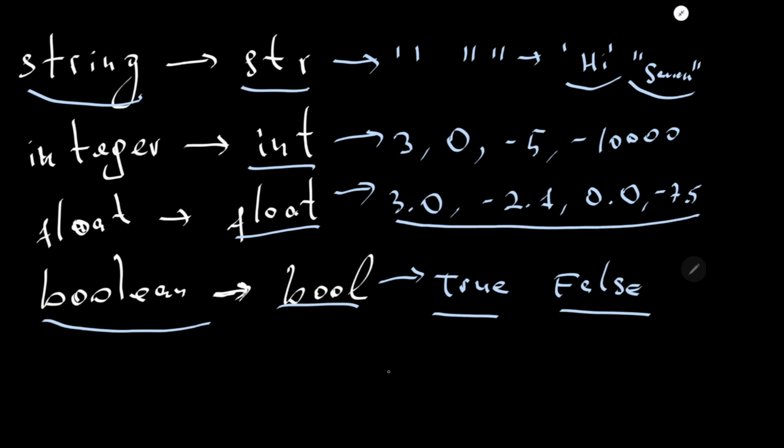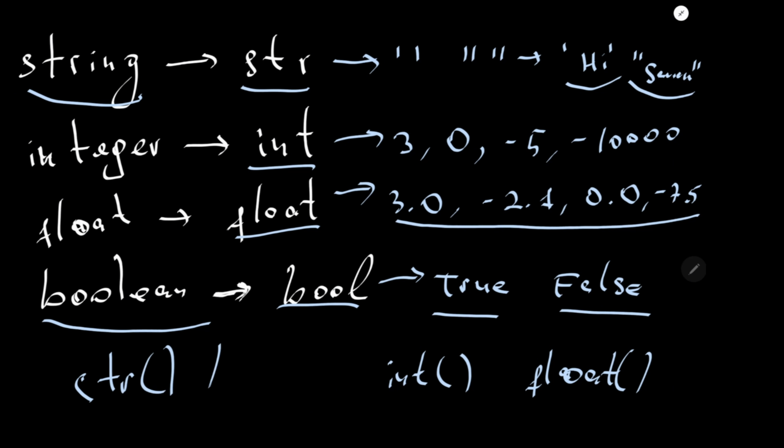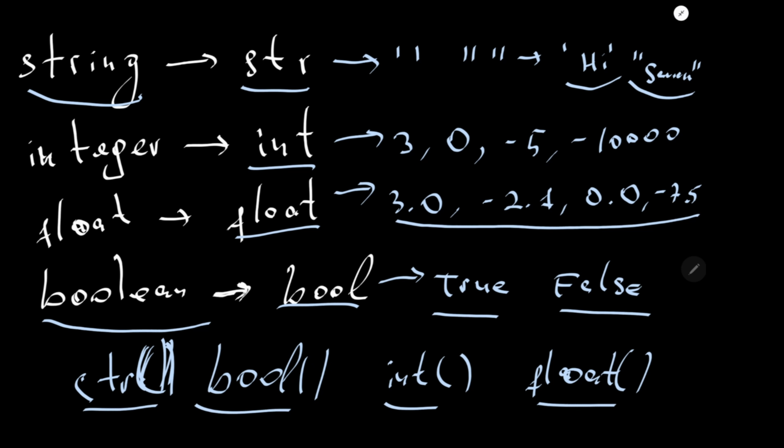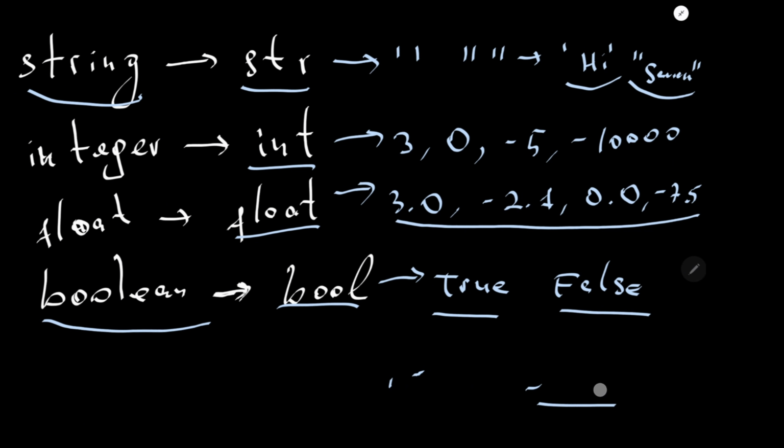These abbreviations are functions, as an example int, float, str, bool. You can see that there are brackets. These brackets mean that they are functions. We will use this in the next lessons. I think that you got it correctly.